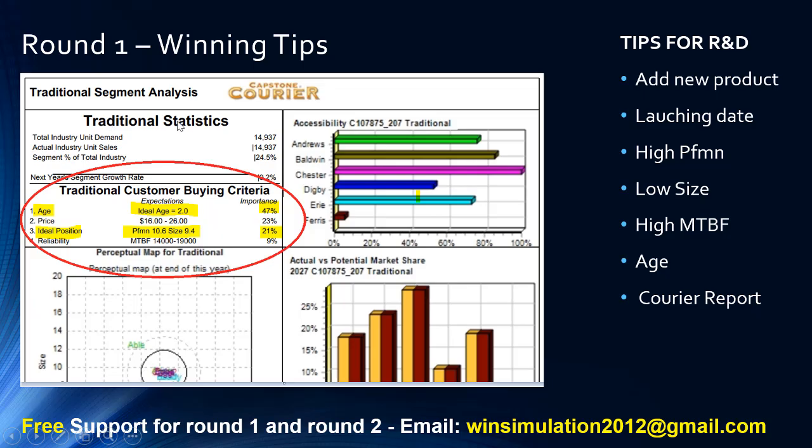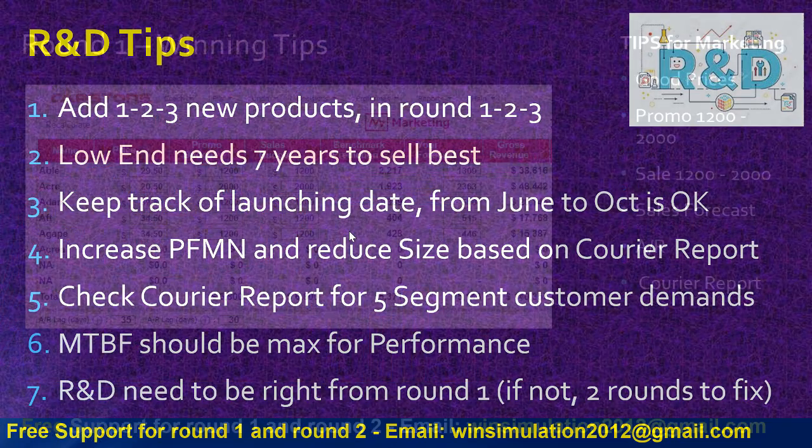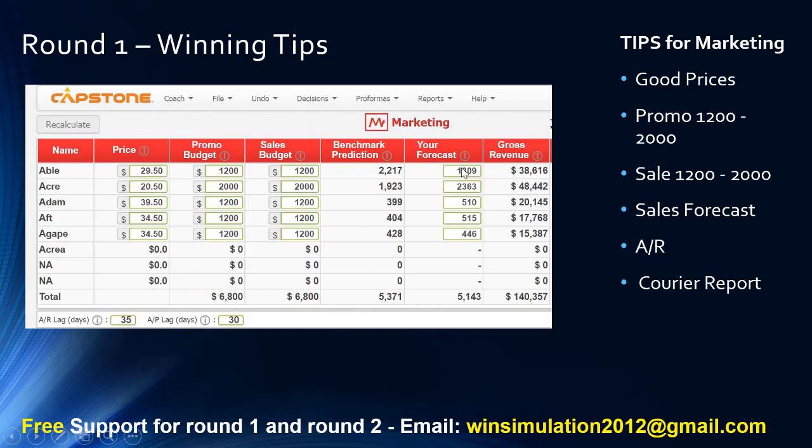For example, traditional segment maybe 9.2%, and for marketing we multiply that with the number we saw last time and the segment growth rate, we get the sales forecast, and then we minus the inventory, we can get the number for production plan.